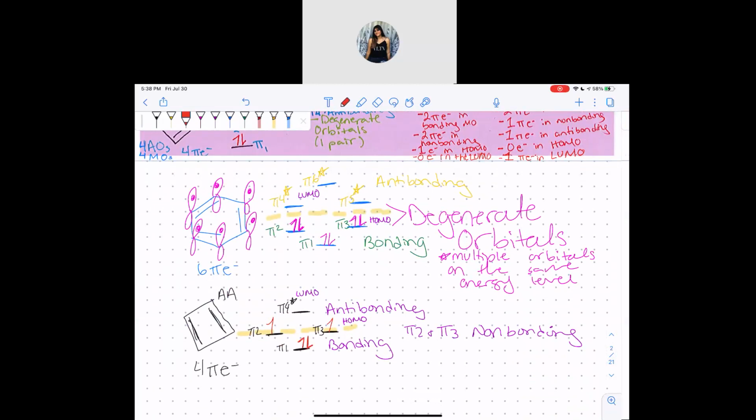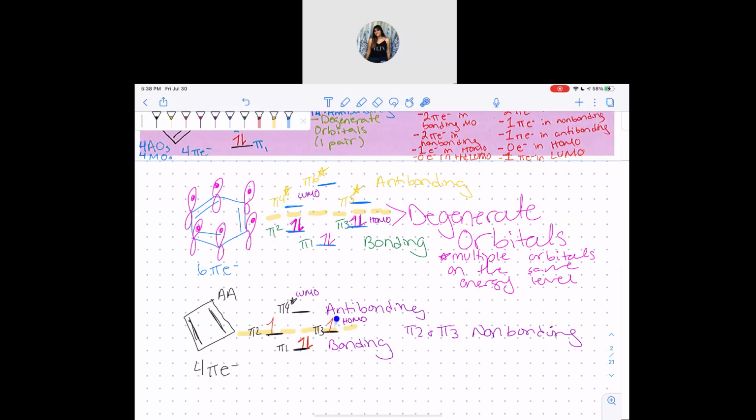But I do want to mention degenerate orbitals, because I know that's easy to forget. Degenerate orbitals are when we have multiple orbitals on the same energy level. And when they're on the same energy level, you have to fill them up 1, 1, 2, 2.